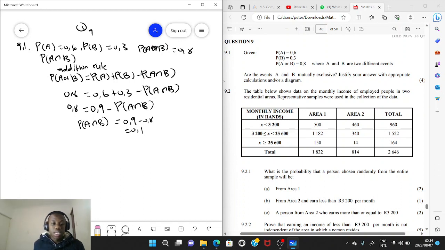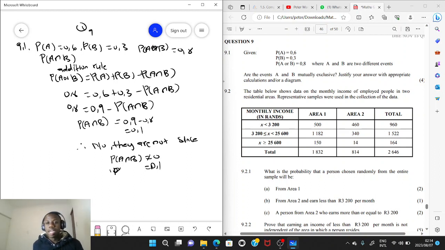So you will say no, they are not, since the probability of A and B is not equivalent to 0, but it is equivalent to 0.1. That is 4 marks. We're done with the first part.